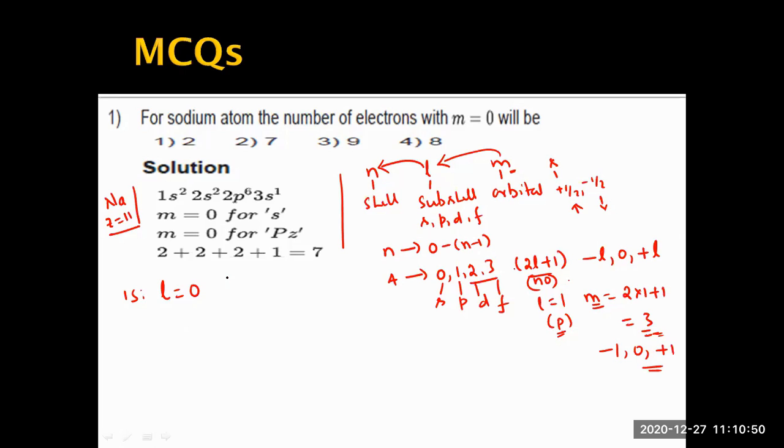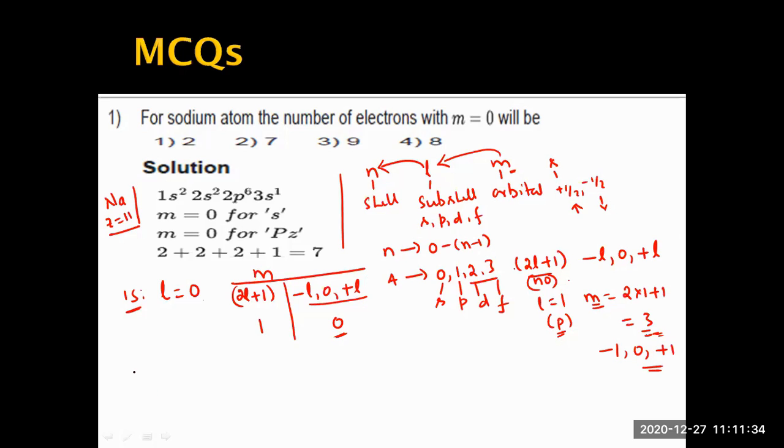When L is equal to 0, 2L plus 1 gives one value of m. Which value? From minus L, 0, plus L, it is 0. So for a 1s orbital, m can be 0.